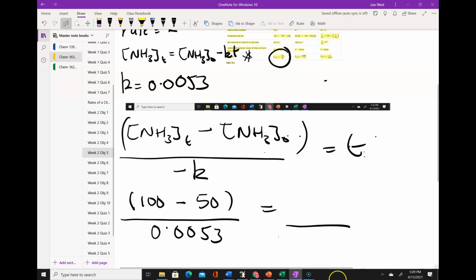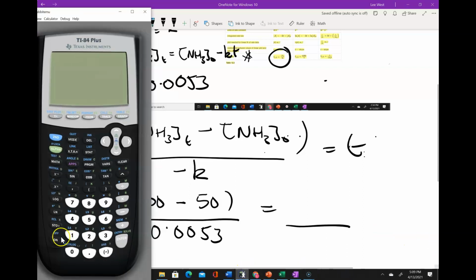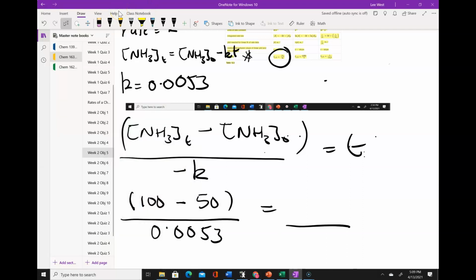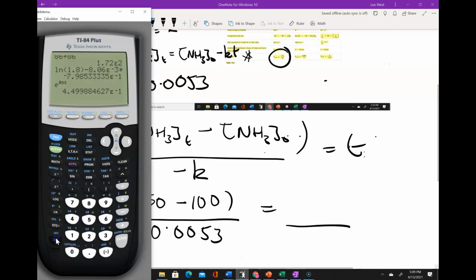All right, so let's do that. Sorry, I've got to hang on a second. Let's repair this. The concentration at time t, I kind of did a little switcheroo in my head, is 50. The original concentration is 100, and we need a minus there. I just did that little cheeky shorthand.